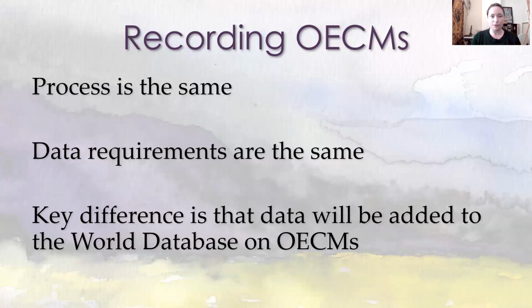And if you don't report via the national government, again, a verification process is required. So that's all the same as the process for privately protected areas. The only real difference is that your data will be included in the World Database on OECMs rather than the WDPA.